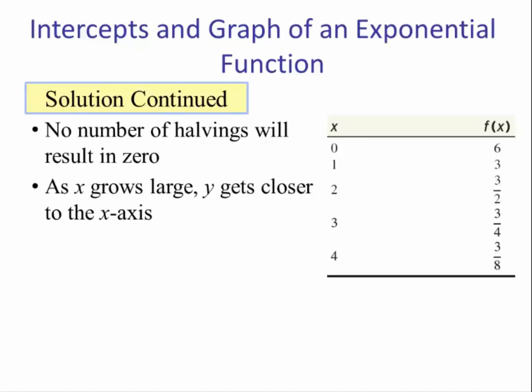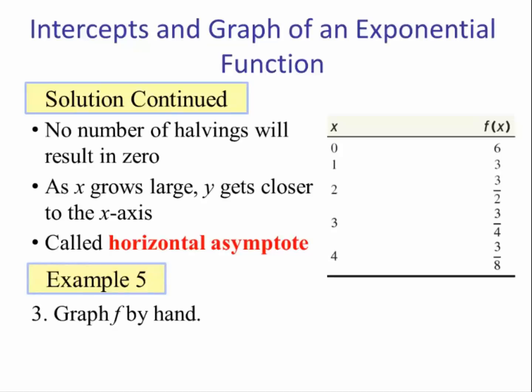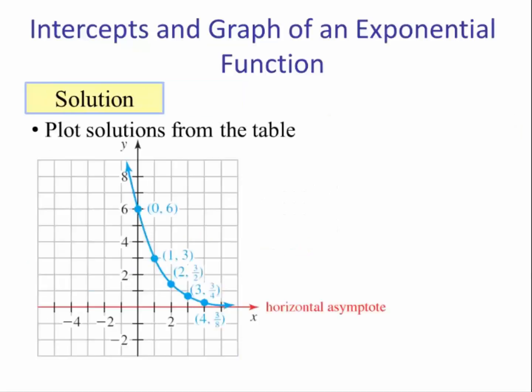So as x gets large, y gets closer and closer to the x-axis. It gets closer and closer to 0, but it never does equal 0. This is called a horizontal asymptote. Example 5. Graph f by hand. So if we plot the points from our table, we see that the function is decreasing.